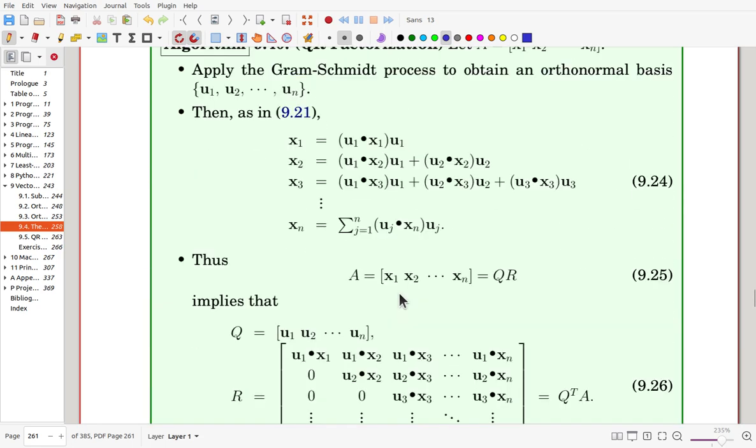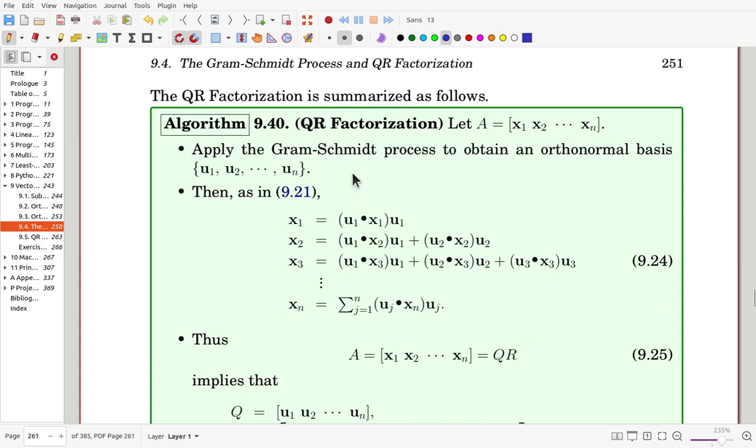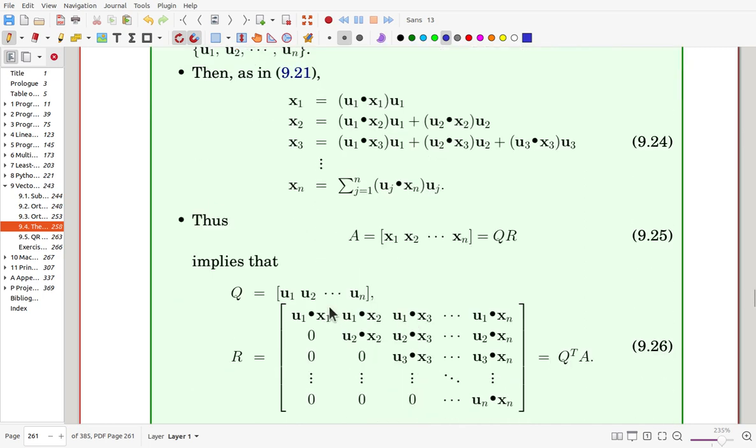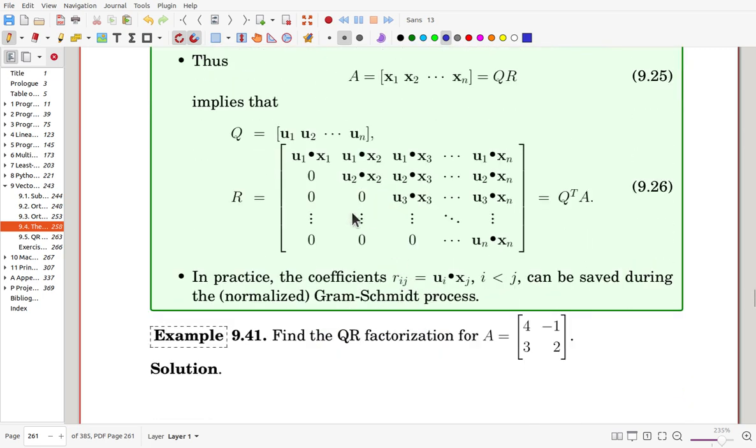We'll follow this algorithm. First, we use the Schmidt process to get orthonormal bases. The collection of these vectors will be Q, and R can be obtained through that dot product.